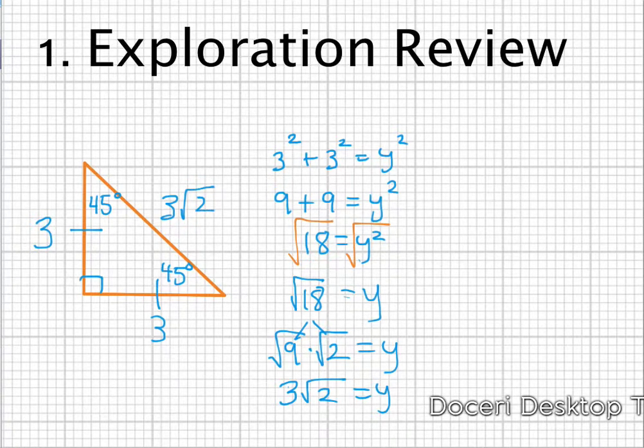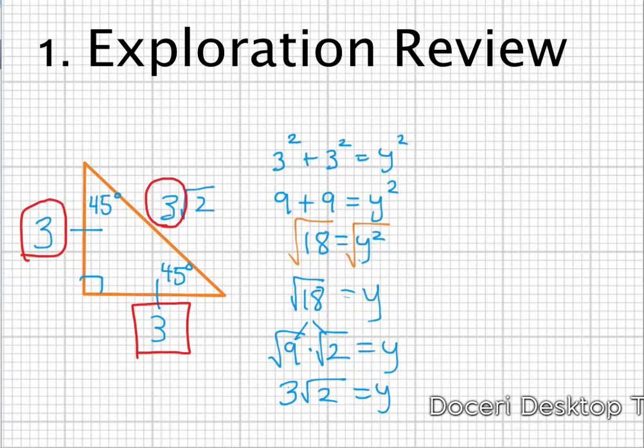Okay. Now, if you did the next problem, I'm not going to do it for you, but if you did the next problem, you'd see that you'd have the same pattern going on here. You'll notice that I have a 3 here, those are the same, and then I have a 3 in front of my square root of 2.